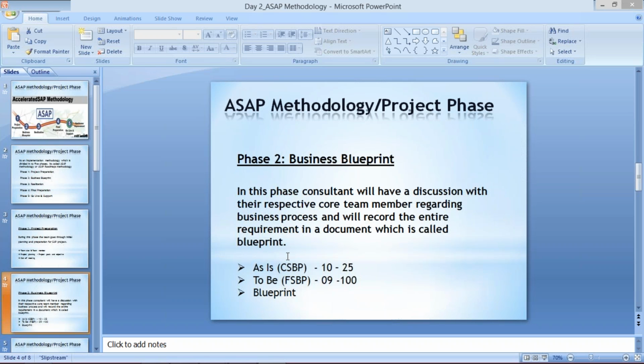Now, we are going to have interaction with the core team member, CTM. He or she is going to explain whatever the current processes are which are running in that Tata Motors.